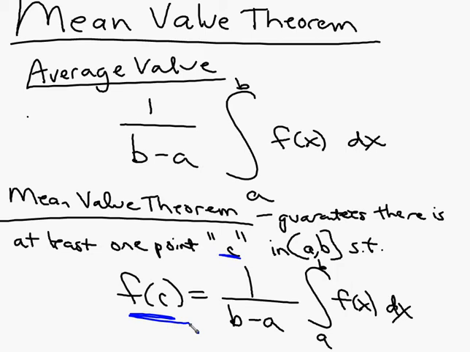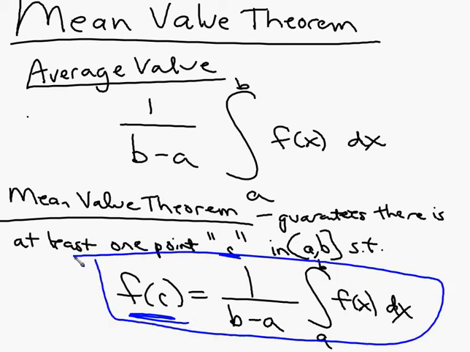That's what the mean value theorem says. With my experience in grading some previous AP exams, a lot of times you just have to remember this. You've got to remember that f of c equals 1 over b minus a times the integral from a to b. So it guarantees that there is one place that that's true.